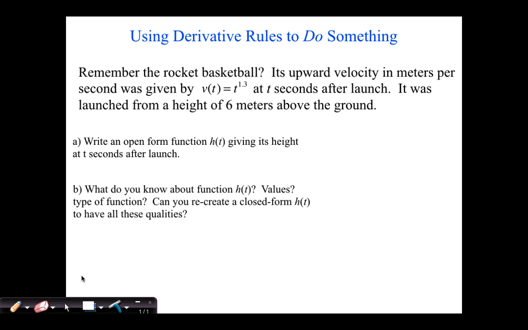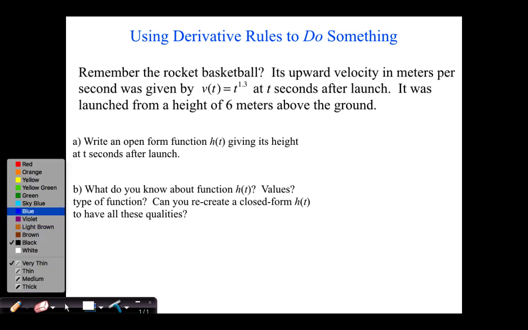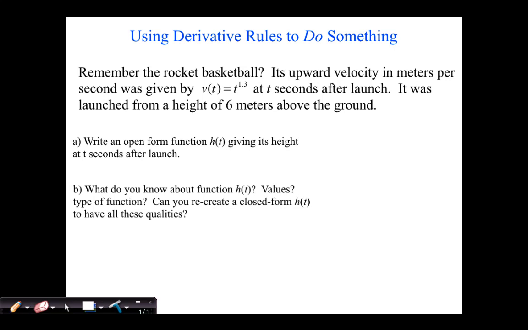So what about part A? An open form function for height at t seconds after launch. What are we looking at here? What sort of operation do I need to put together here? An integral. All right, an integral from, let's see, what's the independent variable of height going to be? t, time.